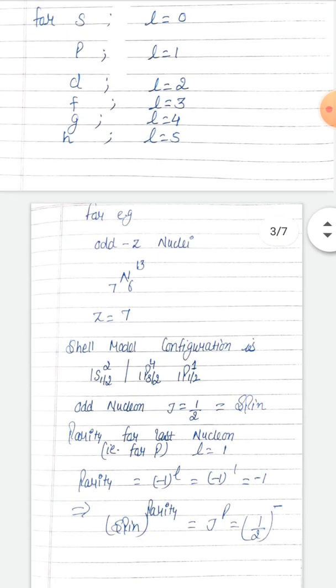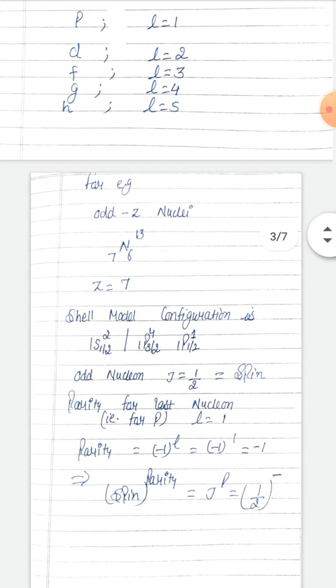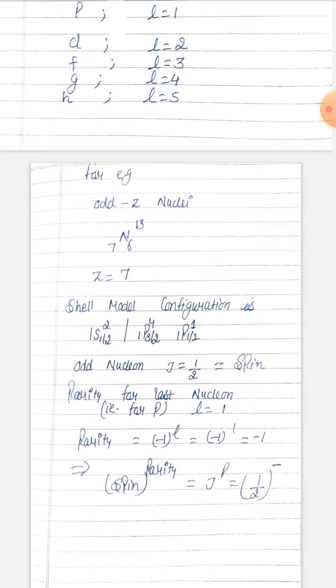Now consider an example in order to calculate the spin and parity. Consider odd Z and even N nuclei, for example nitrogen. Nitrogen having mass number 13, that is A equals 13.